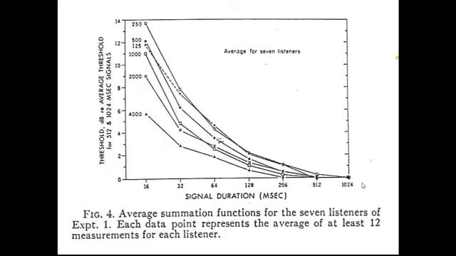Also, what you can see is at very short durations you need a lot more energy, or there's a larger threshold shift at the lower frequencies as compared to the higher frequencies. So not only does duration have an effect, but duration interacts with frequency as we're looking at tones.